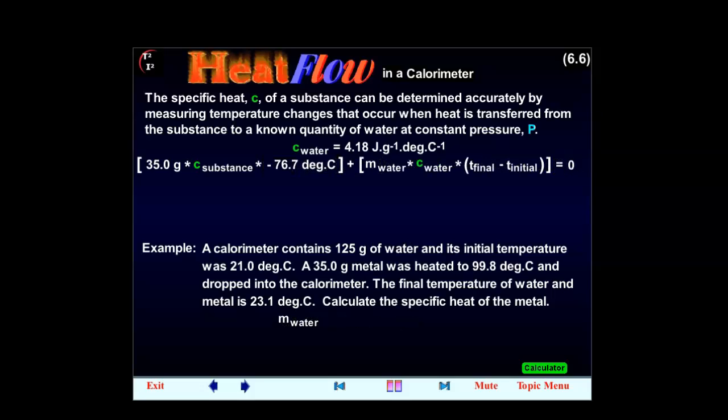Mass water equals 125 grams, with specific heat 4.18 joules per gram per degree Celsius. Delta T for the water: T final equals 23.1 degrees Celsius minus T initial equals 21.0 degrees Celsius, equals 2.1 degrees Celsius.